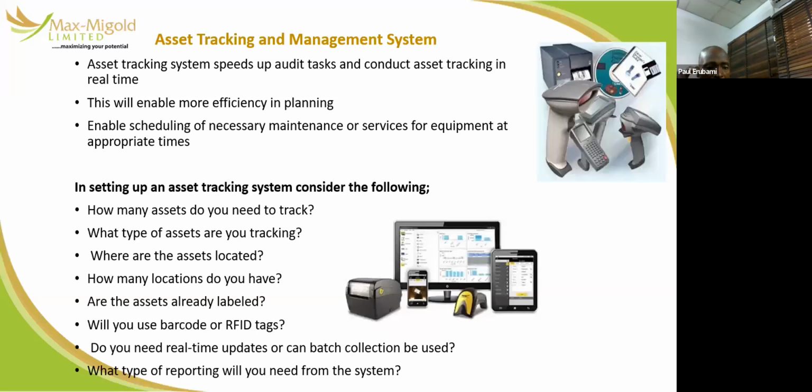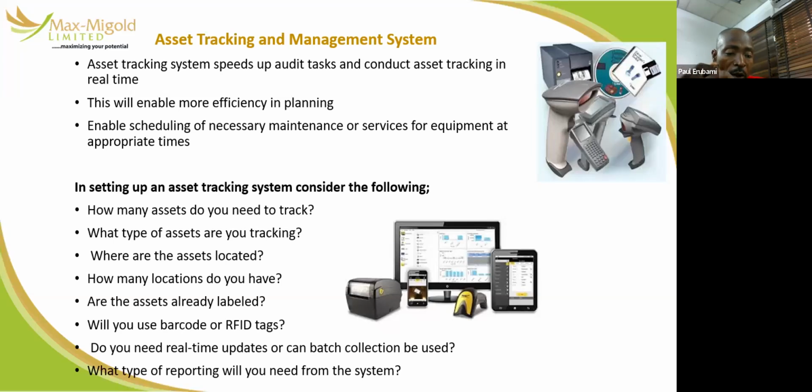When you are setting up an asset tracking system, or you are trying to conduct your asset auditing, what do you need to do? You need to know how many assets you have. What assets are you trying to audit? Where are the locations of those assets? Then, how many of those asset locations do you have? Are these assets already labeled?